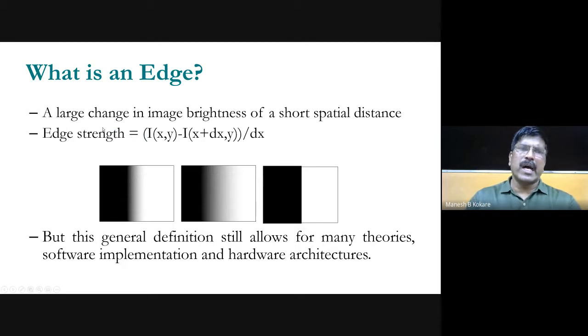So you know that a large change in image brightness over a short spatial distance is called an edge. For example, suppose this is the pixel having intensity I of x comma y. This is the location of this pixel, and the neighboring pixel has intensity equal to I of x plus dx, y. So there is a change in distance, either in x or y, something like that.